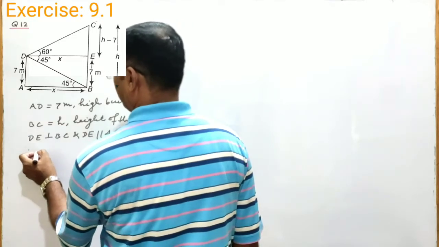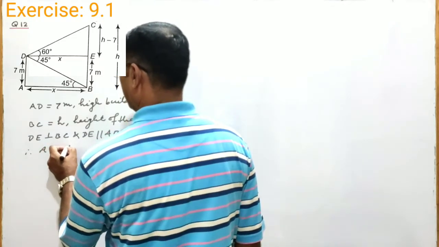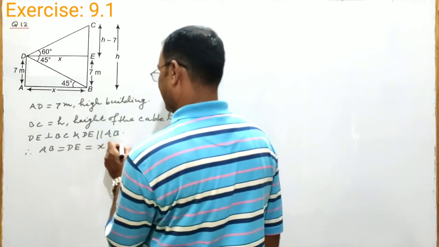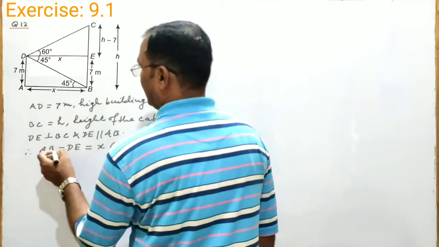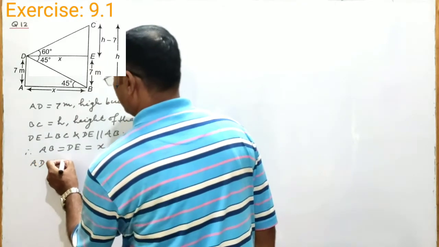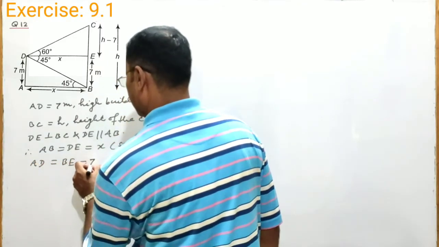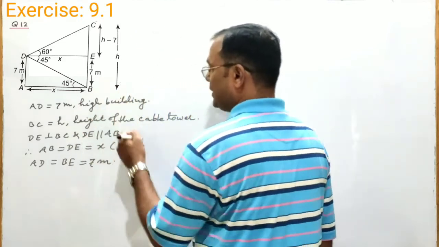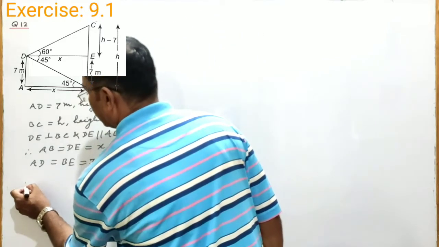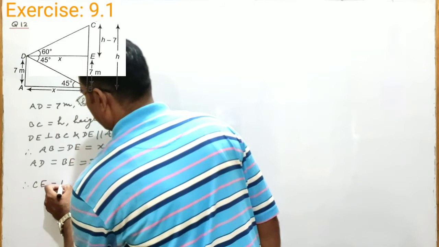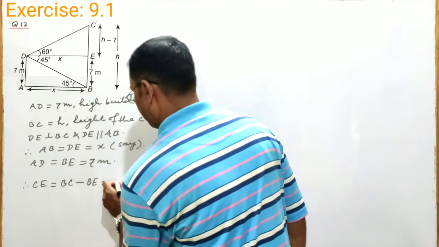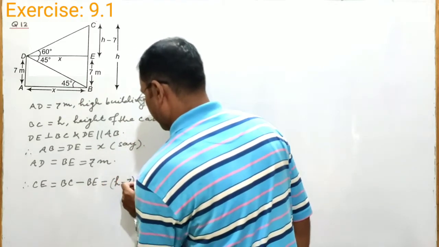So therefore AB will be equal to DE, and let us write it as X. The figure is a rectangle, so AD is equal to BE equal to 7 meter, and BC we have taken H as the height of the cable tower, therefore CE is equal to BC minus BE. So it is H minus 7 meter.